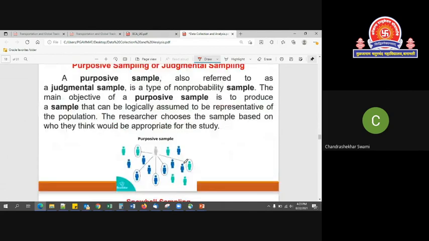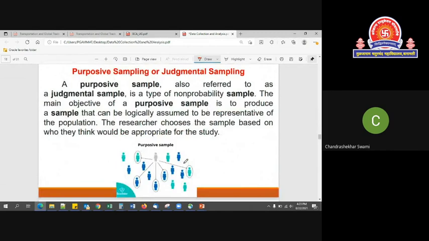Another one is purposive sampling or judgmental sampling. A purposive sample is also referred to as a judgmental sample. Purposive sampling, another name is judgmental sample. It is a non-probability sampling method.